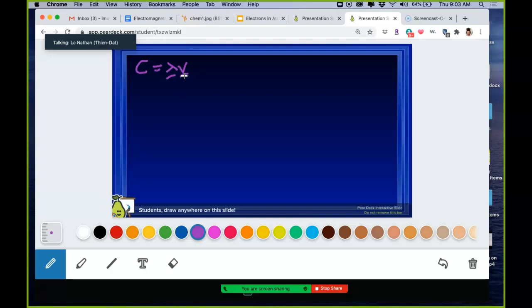And 10 to the 9th nanometers is 1 meter. So you go, okay, this equation has wavelength and it has frequency, and you go, oh, but I don't have the c. Yes, you do.